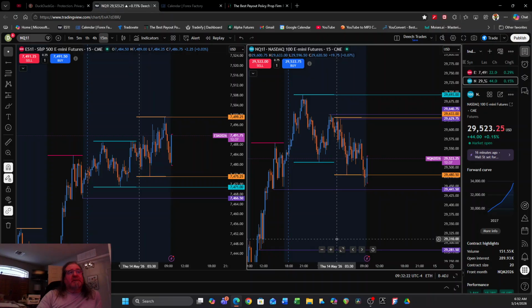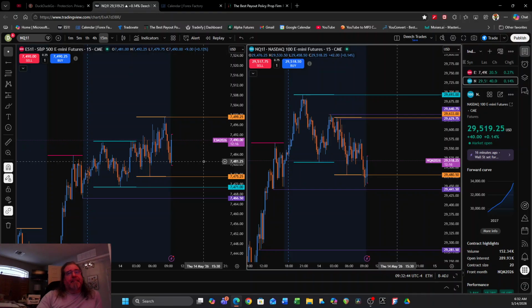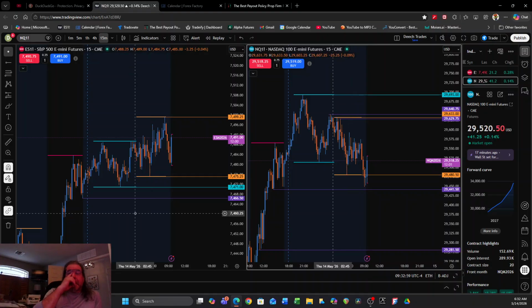Surprised S&P doesn't want to take out any. I mean, it took out the previous London session right here. Came up, pulled back, actually did form a downtrend. I really expected more of it to crash than to go up.